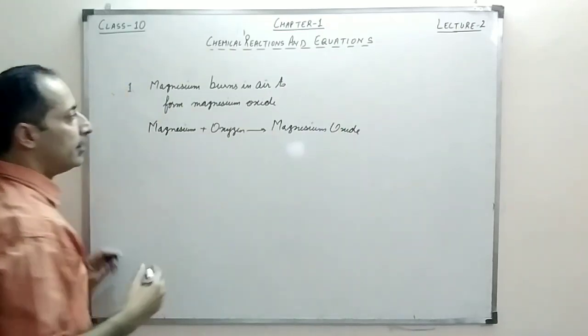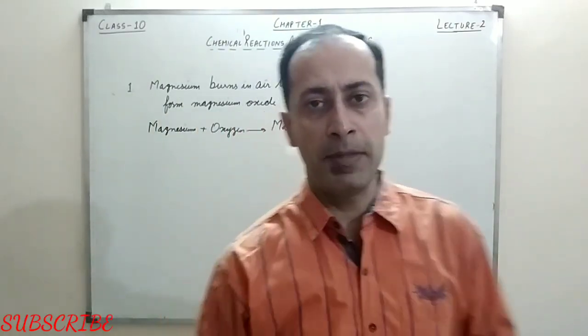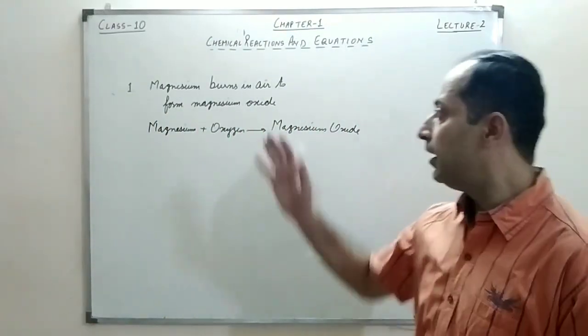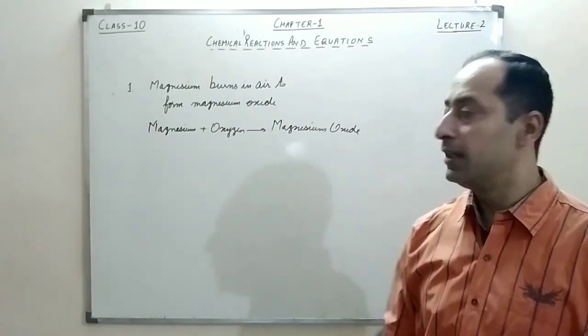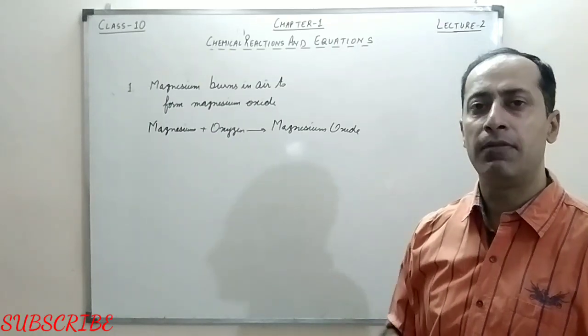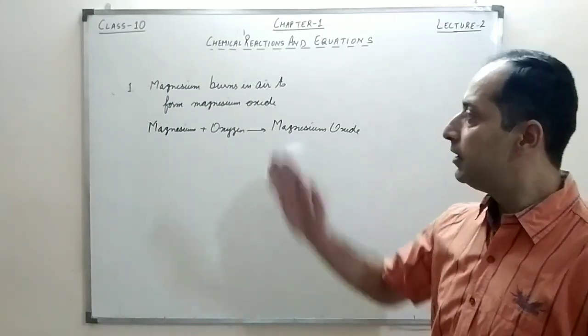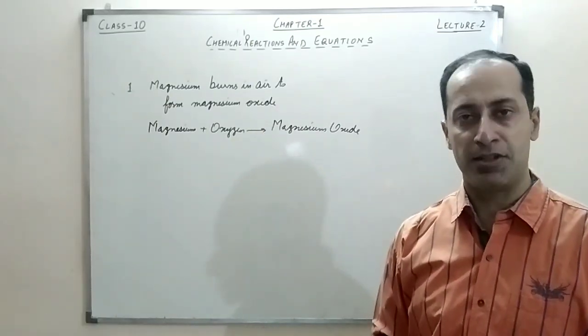Now if you see, the statement is lessened a little bit. It means we have shortened the statement when we write it in the form of a name reaction, right?